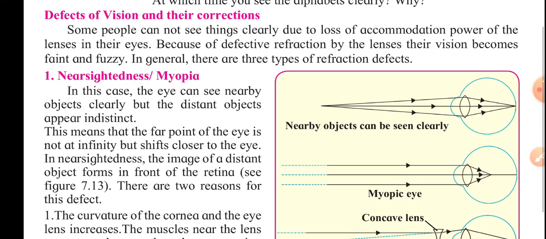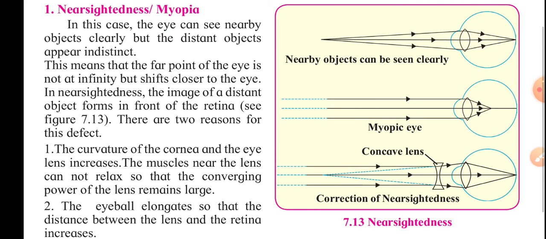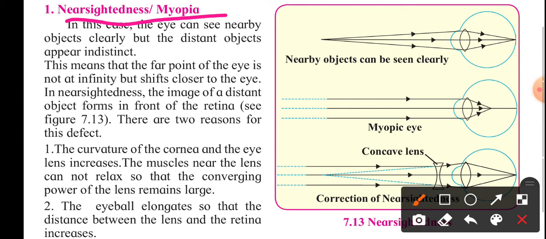When we talk about the defects of the human eye, they may be age related, or other defects, or a change in the shape of the eyeball, which is also possible. The first we are going to learn is nearsightedness, which is also known as myopia.